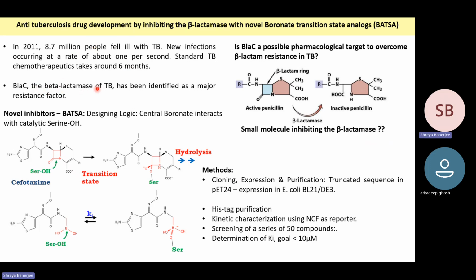Basically, the beta-lactamase associated with the tuberculosis bacteria, BlaC, has been identified to be a major resistance factor. So basically new inhibitors have to be developed, because you can see the beta-lactamase is deactivating the old penicillin. So it has developed antimicrobial resistance towards penicillin. So new inhibitors have to be designed.